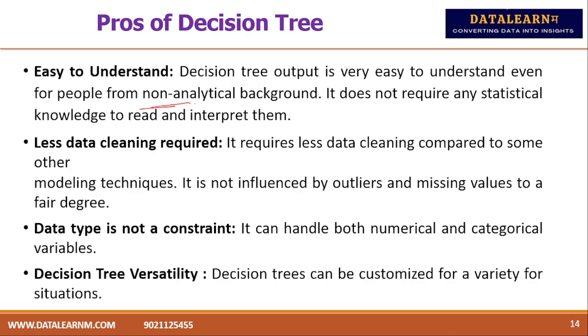As compared to other models, less data cleaning is required. It's a tree-based algorithm. Whatever we have covered till now were distance-based algorithms. Now it's a tree-based algorithm, and it is less influenced by outliers and missing values. The data type is not a constraint; it can handle both numerical as well as categorical values. And tree versatility is there, so it can be customized for a variety of situations.